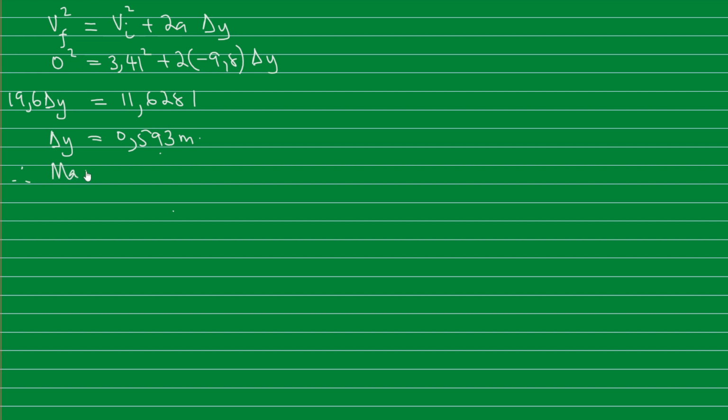The maximum distance is 0.593 meters plus the 1.5 meters it was above the ground level. Adding that, we get 2.093 meters.